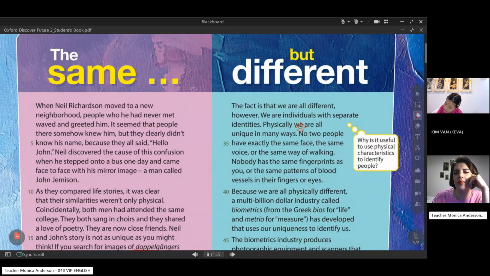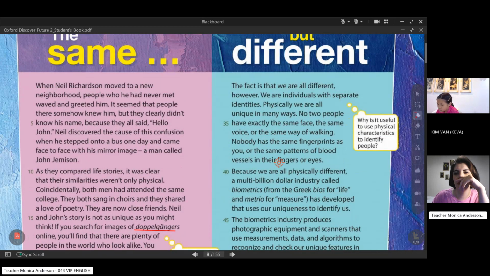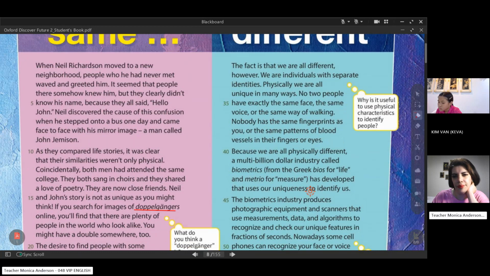The fact is that we are all different, however. We are individuals with separate identities. Physically, we are all unique in many ways. No two people have exactly the same face, the same voice, or the same way of walking. Nobody has the same fingerprints as you, or the same patterns of blood vessels in their fingers or eyes.